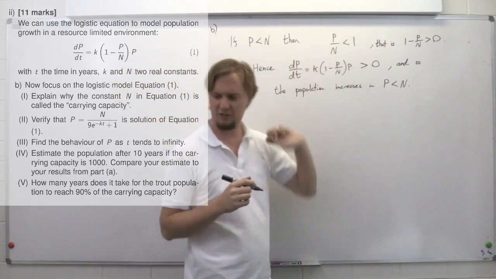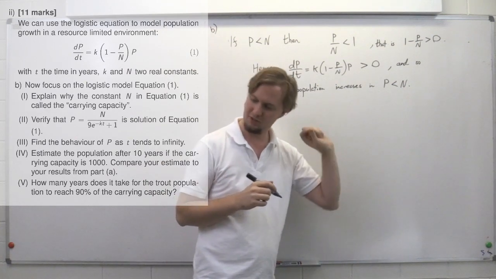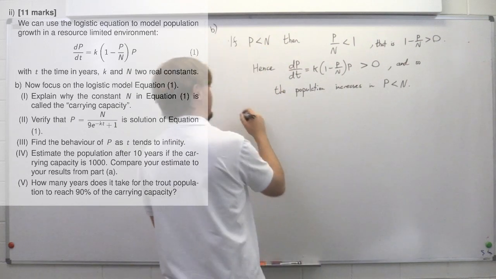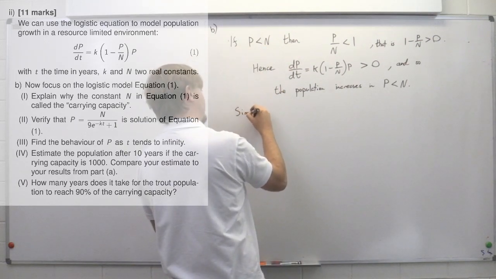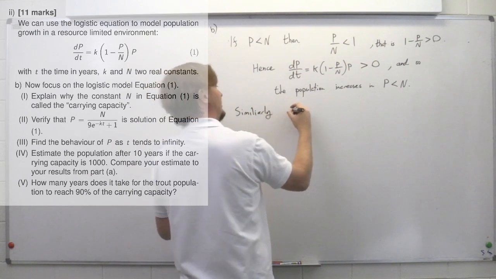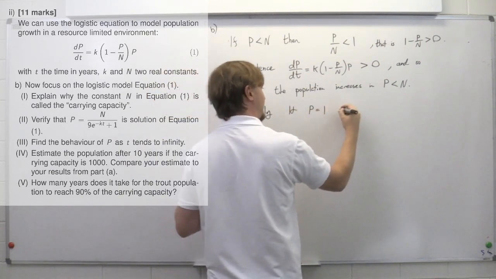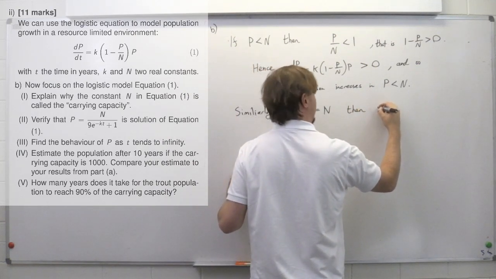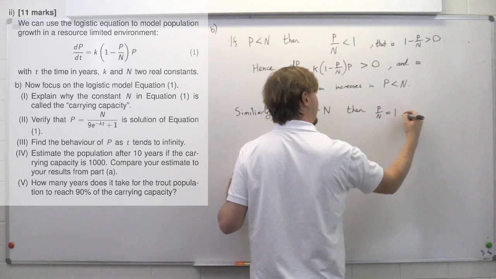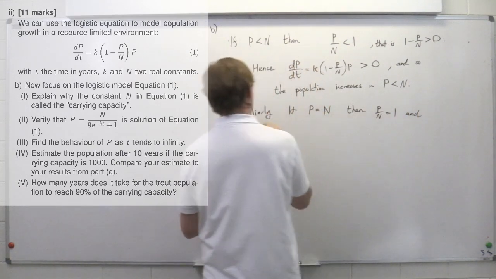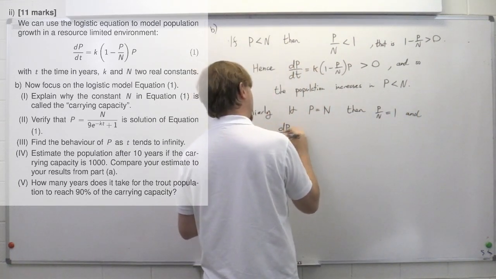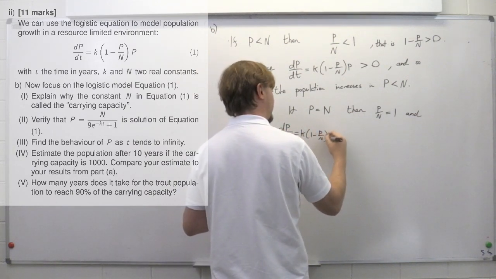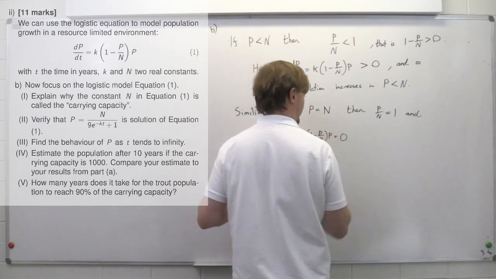And you can also see interesting things happen when p is equal to n. So if the population was equal to that n value, similarly, if p is equal to n, well, then you see that p over n is equal to 1, and so dp dt, the rate of change, which is just 1 minus p over n, that's just going to be 0.